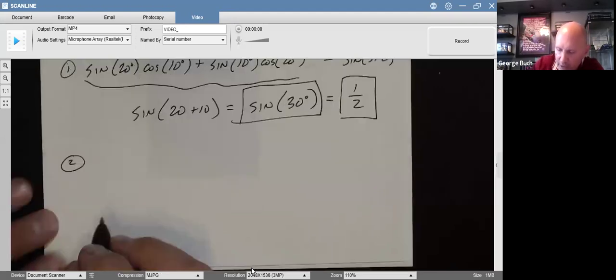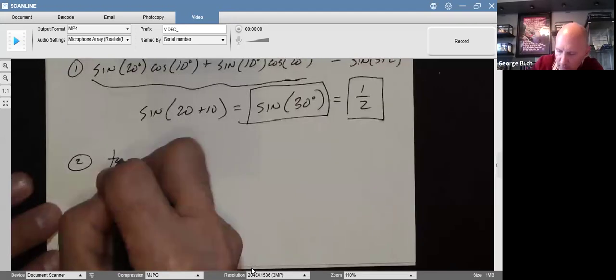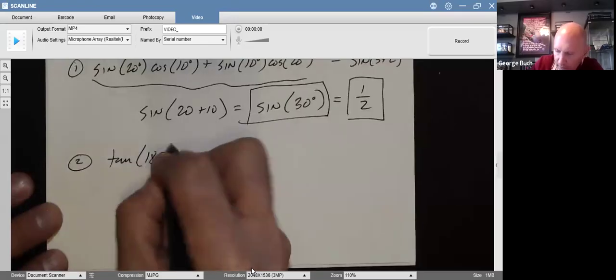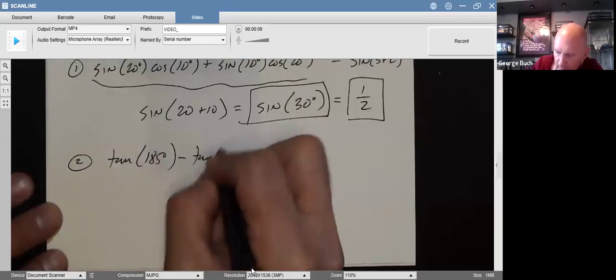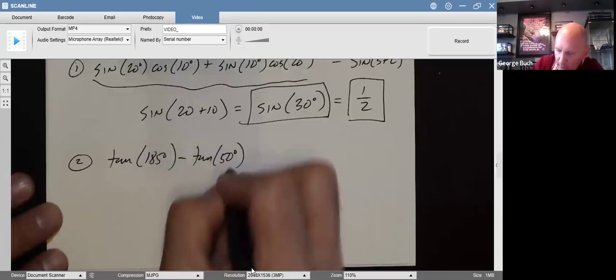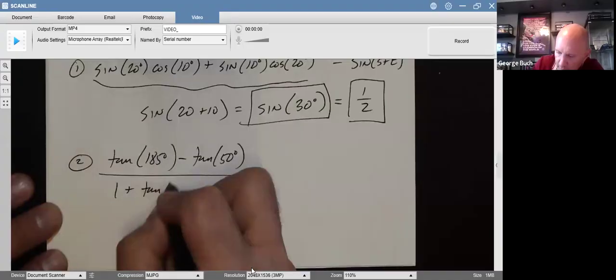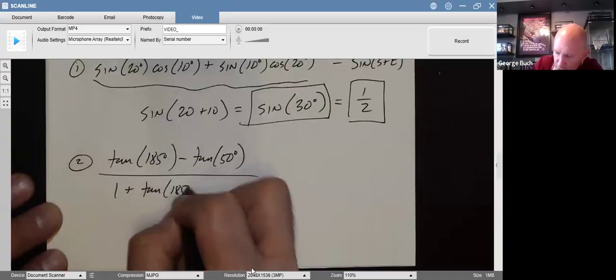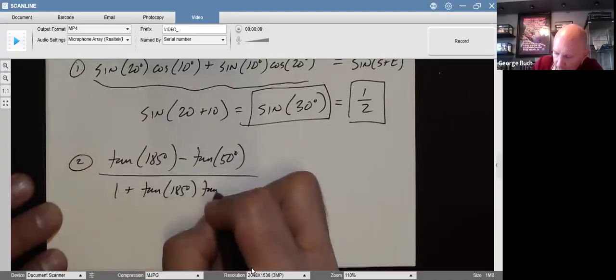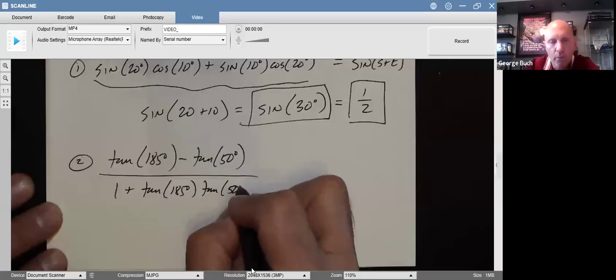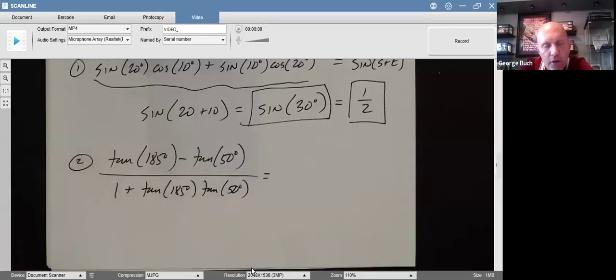What if I have tangent of 185 degrees minus tangent of 50 degrees, all divided by 1 plus tangent of 185 degrees times tangent of 50 degrees? Well, let's look at our formulas. Which one has the form tangent minus tangent over 1 plus tangent times tangent?